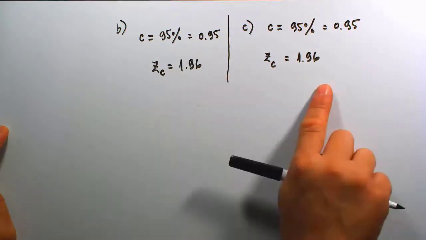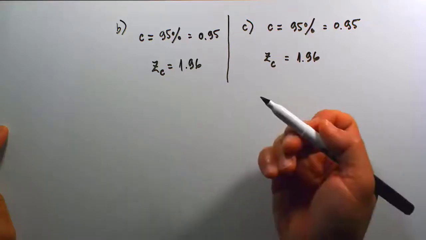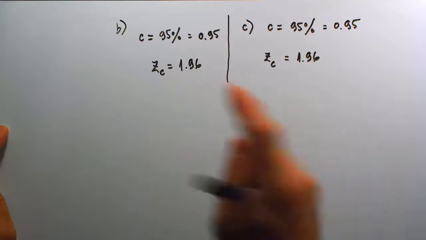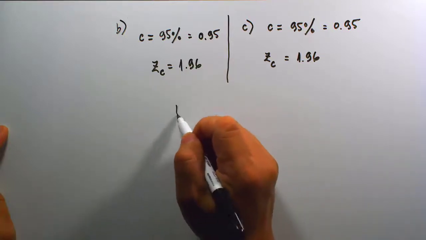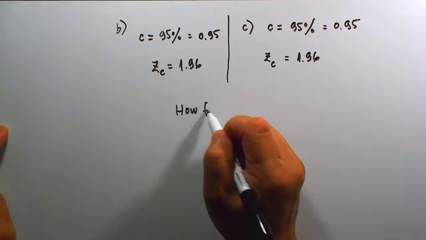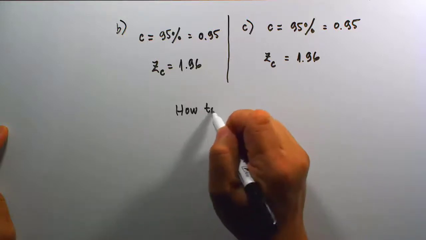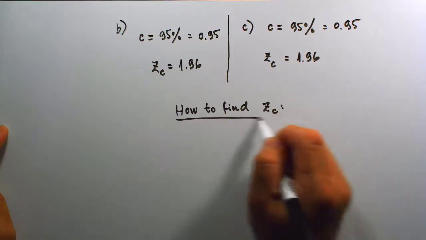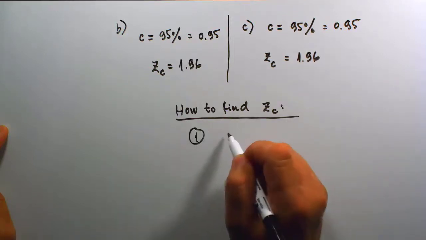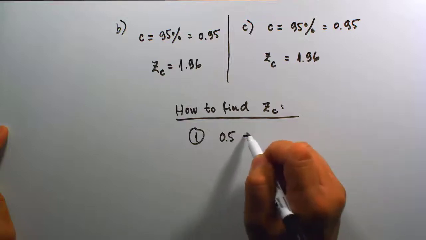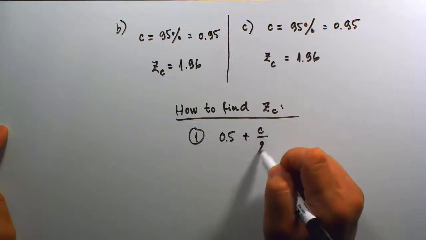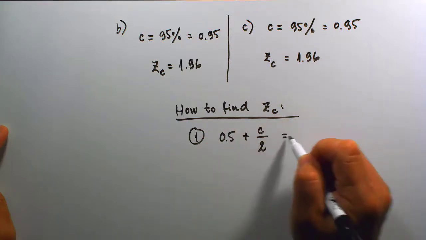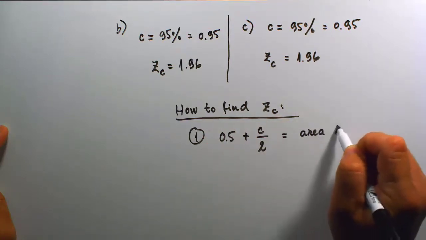It's easy to understand this, because if we look back at the general steps of how to find the value of z sub c, the first big step is to run the calculation 0.5 plus c over 2. Whatever comes out from this expression is regarded as the area left.